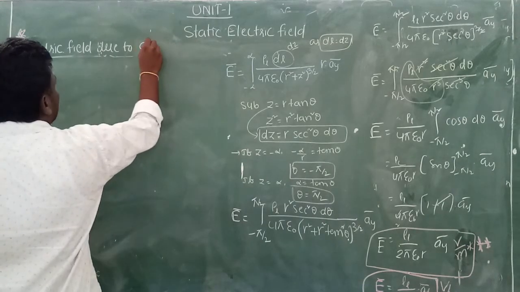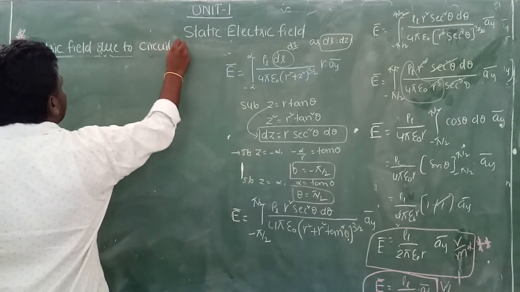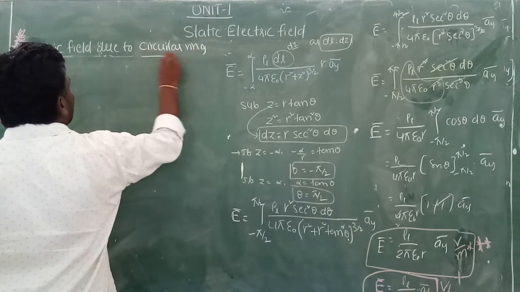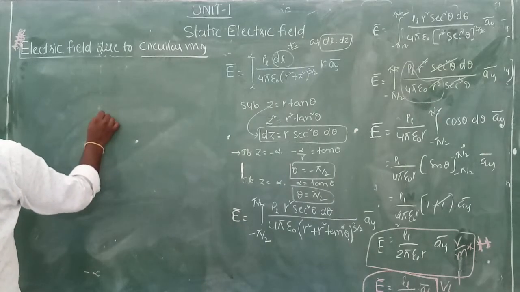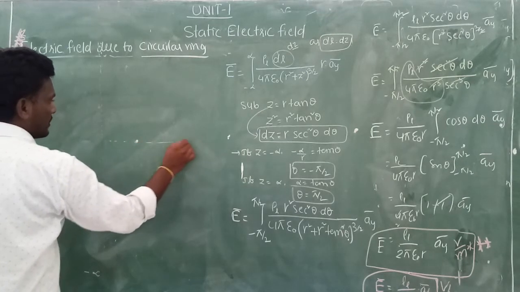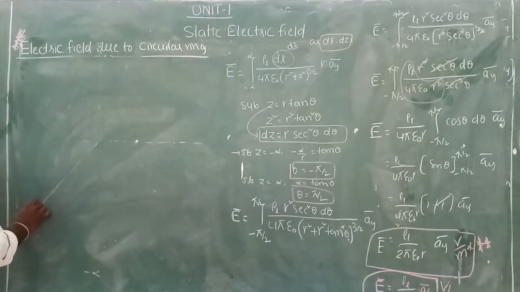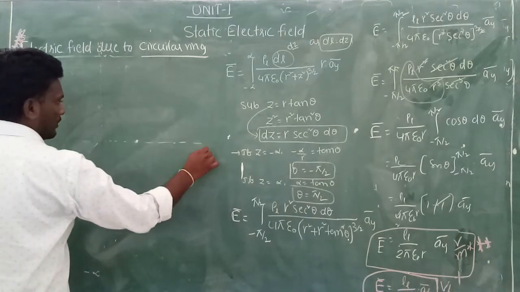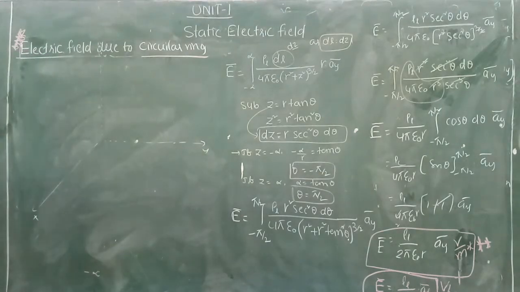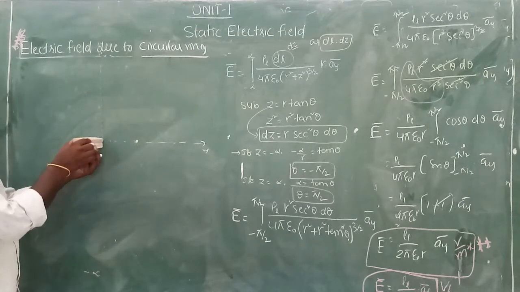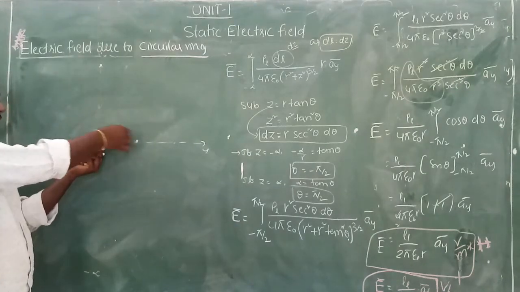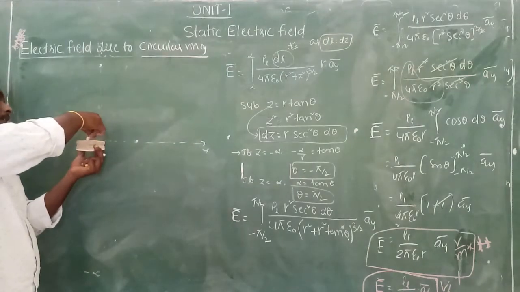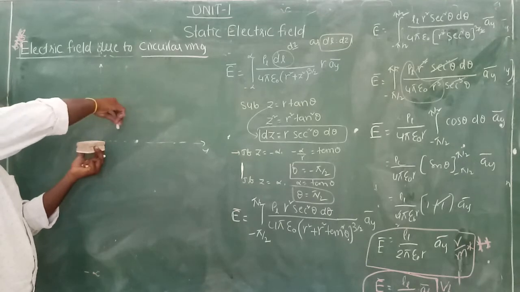Now see, to calculate the electric field due to circular ring, same initial explanation, just take x, y, z axes, and imagine that your circular ring is on the xy plane. See, my z axis will be like this. This is the y axis, and it is the x axis, and my circular ring will be placed on this xy plane like this.